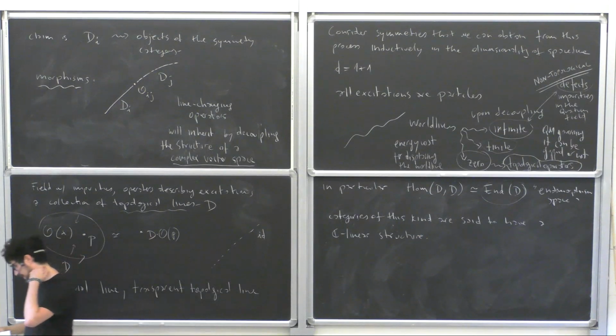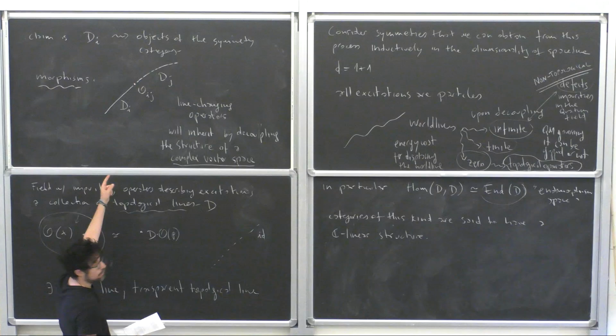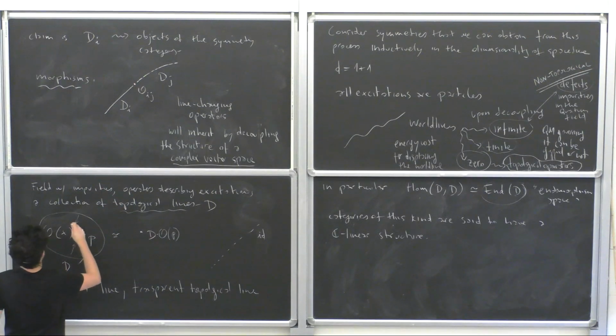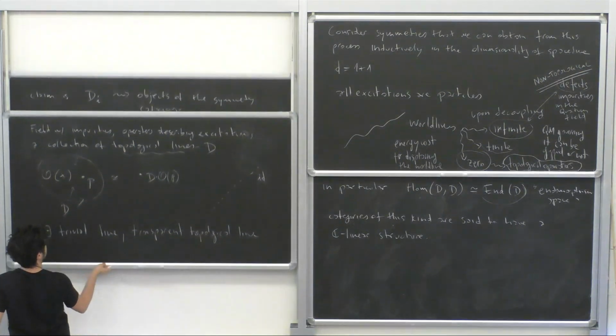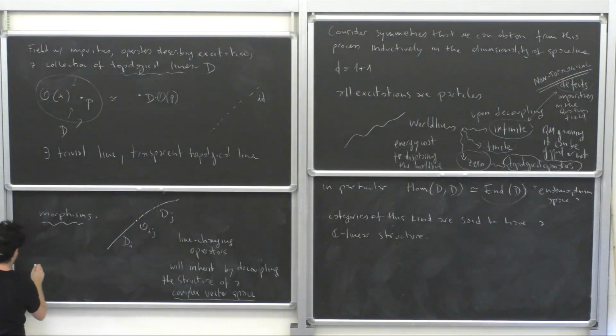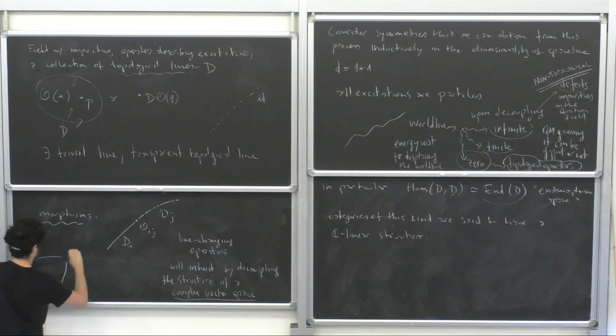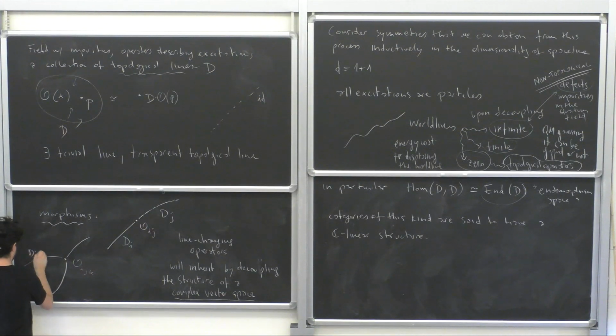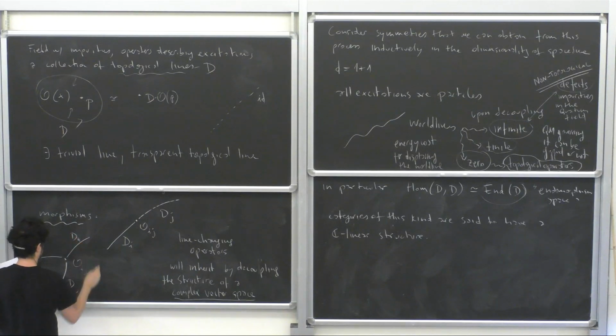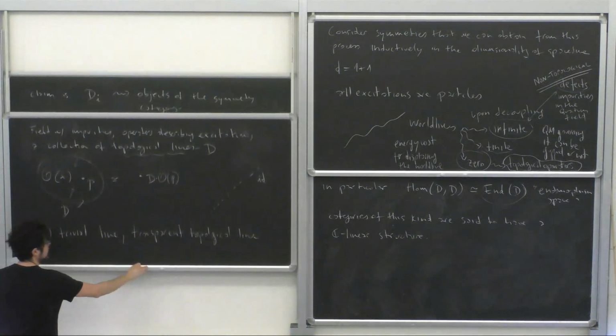Then last time I started discussing the fact that there is more that we can do with these lines. We can end them on points, and we can also form more complicated junctions of lines. In this case, we will have an operator which is labeled by three lines.